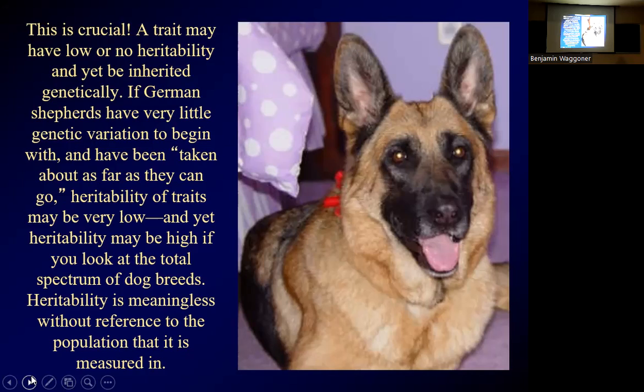Where this is getting back to my original attempt to debunk that book, The Bell Curve, is that you can measure IQ, and it does show a pretty high heritability. It's about 0.8.